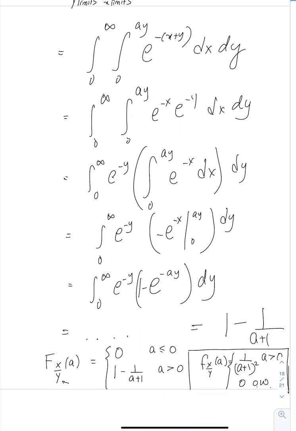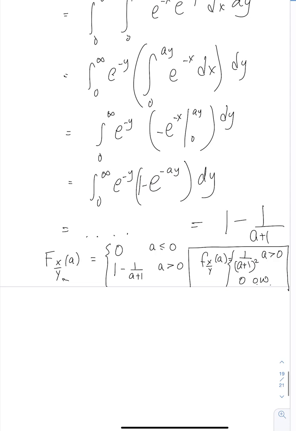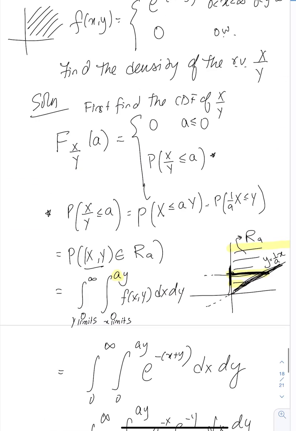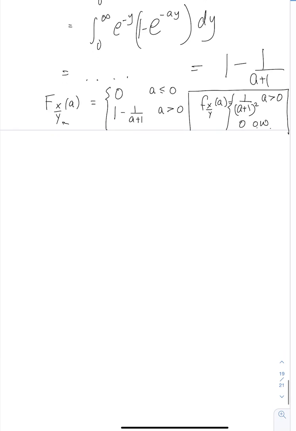I just thought it's important that you saw some examples done, so I did all of these. And lastly, I just wanted to mention one quick thing. Just like we did this for two variables, where you have F of a comma b, that's the probability x less than or equal to a, y less than or equal to b.